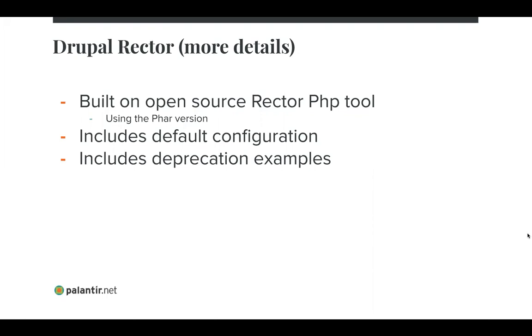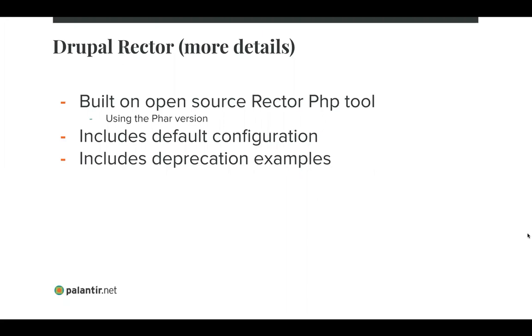Drupal Rector itself is basically an easy way to use that tool. That's the first part. The second part is it comes with default configuration. It was tricky for us to connect the dots and make sure that all the autoloading was working the way Drupal needs it to work, so that it can connect things. So this is maybe a time to take a step back. I mentioned that Drupal Rector isn't just replacing one string with another.